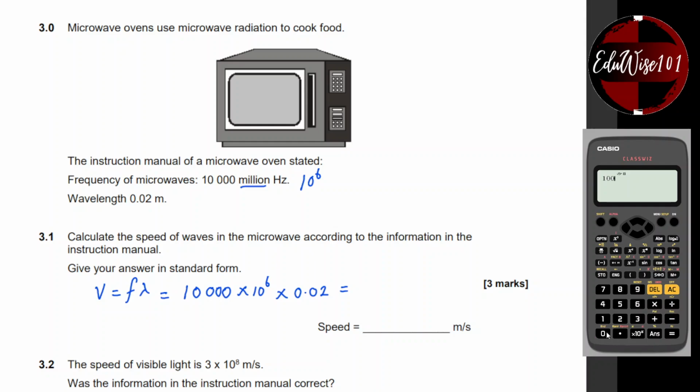That gives me 8 zeros. So in standard form, that would be 2 times 10 to the power 8, or 200 million meters per second.